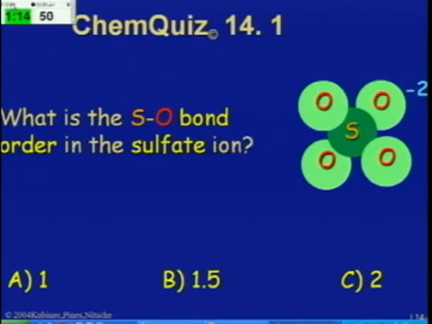Maybe I tell you, sulfur can expand the octet. Everything in the third period can expand the octet. Of course, we know now that the orbitals are a little different, but just from systematics, you could expand the octet in the third period. Sulfur is in the third period, okay? That may help you.